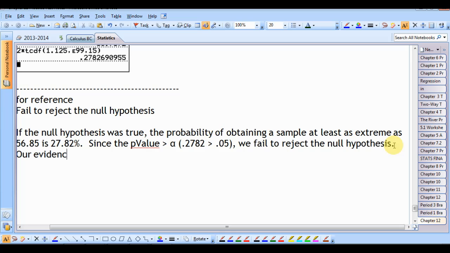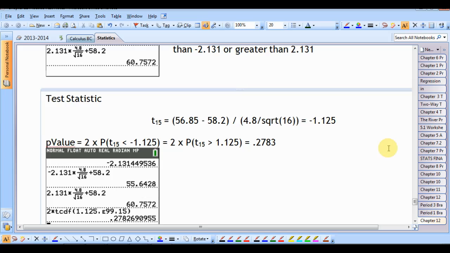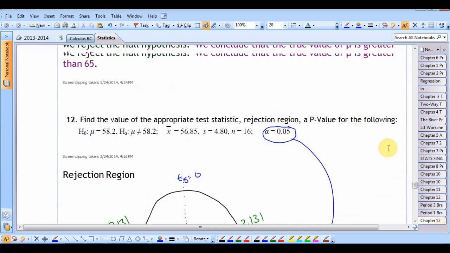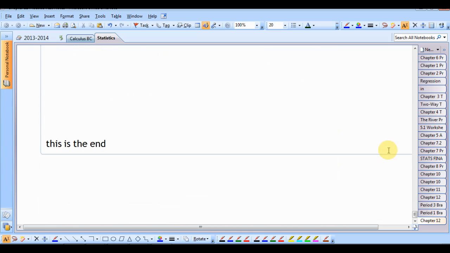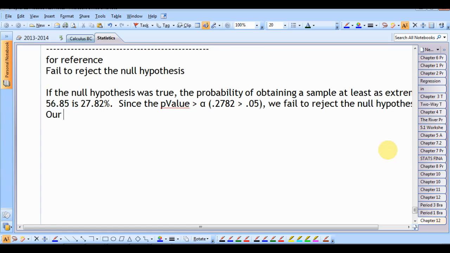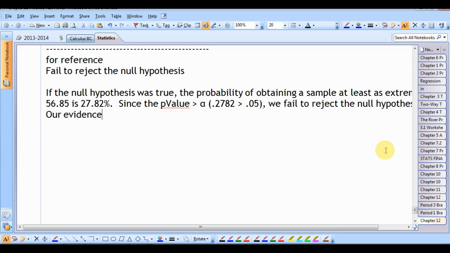Our evidence. Wait, what did we write last time? Since we're failing to reject, we do not have evidence, right? We conclude, or our evidence. Wait, I thought if we fail to reject, we have evidence. I'm sorry. I'm trying to keep everything as evidence.